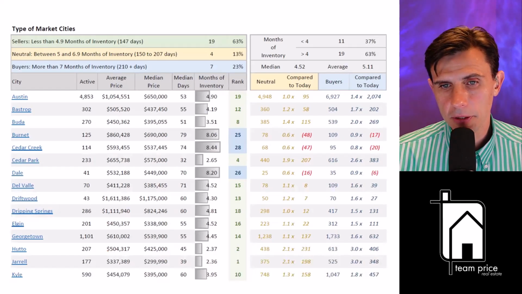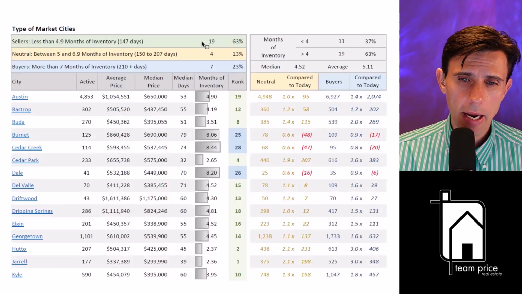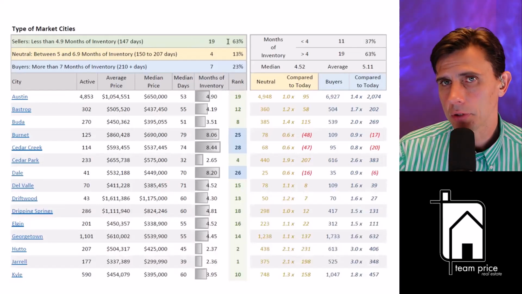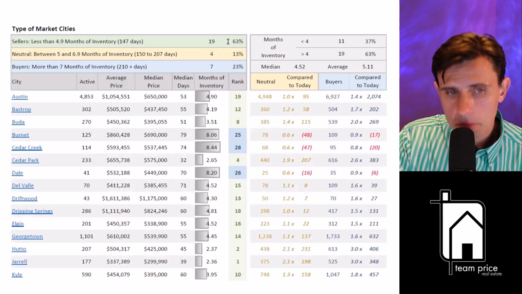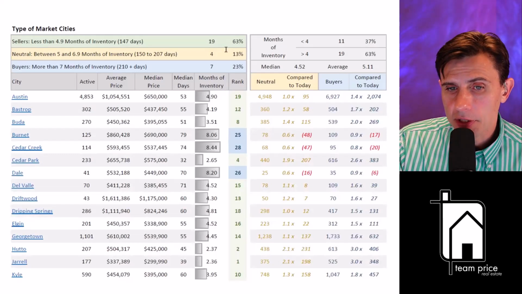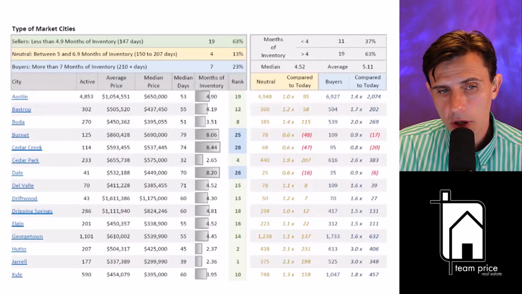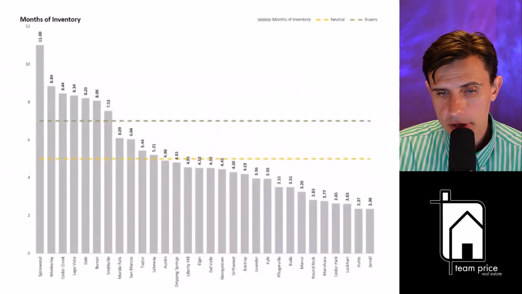This is the city. Still, out of the top 30 cities that we track, 19, or 63%, are still in a seller's market, 4, or 13%, are in a neutral market, and 23% are in a buyer's market. And you can see that graph right there.